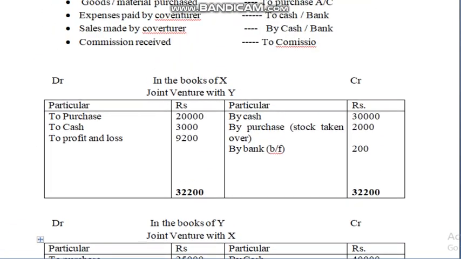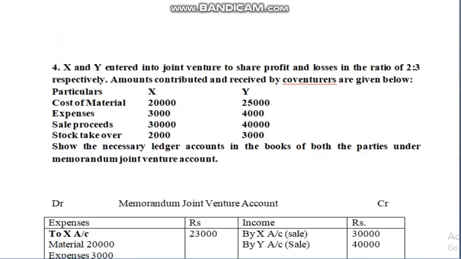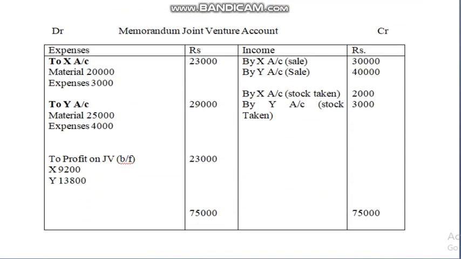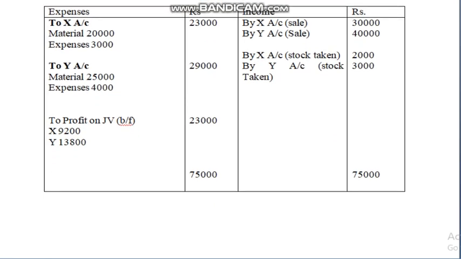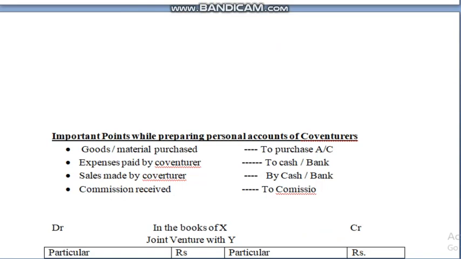This is the personal account of X, this is the personal account of Y, and this is the memorandum joint venture account. So we are preparing the personal accounts of the memorandum joint venture account. Keep these transactions in your mind. If any goods or materials are purchased, that should be debited with the purchase account. If any expenses are paid by a co-venturer, that should be debited with cash or bank. If any sales are made by a co-venturer, that should be credited with cash or bank.